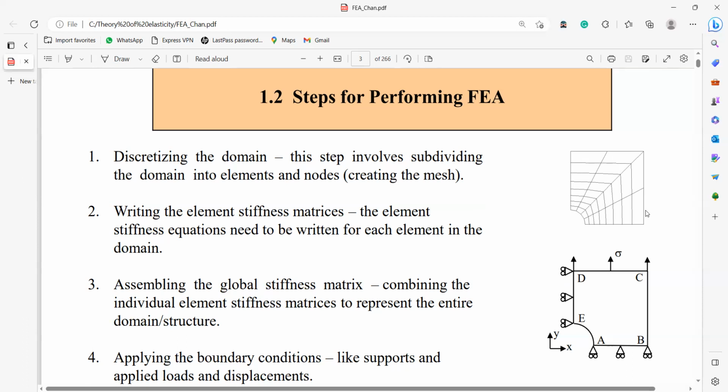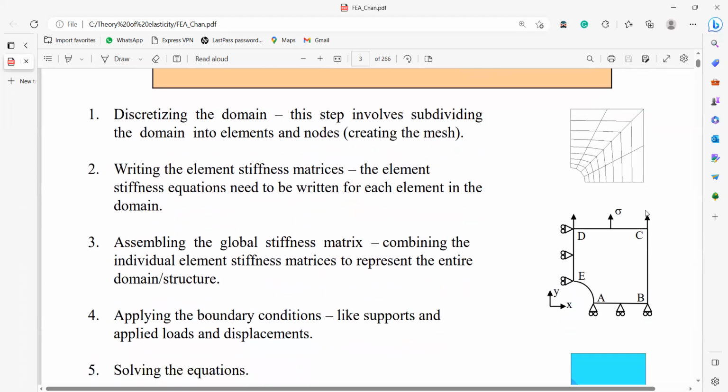And now you've written that down. It's time to assemble. That's the third step. Let's combine all the individual element stiffness matrices to represent the entire domain or structure. This is now called the global stiffness matrix.